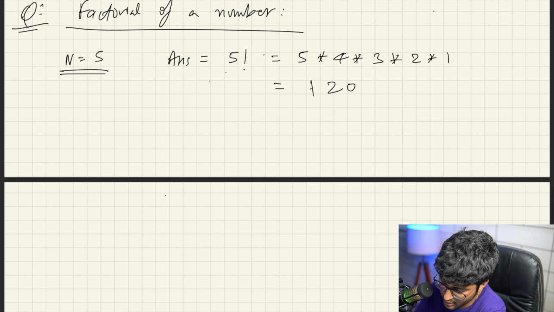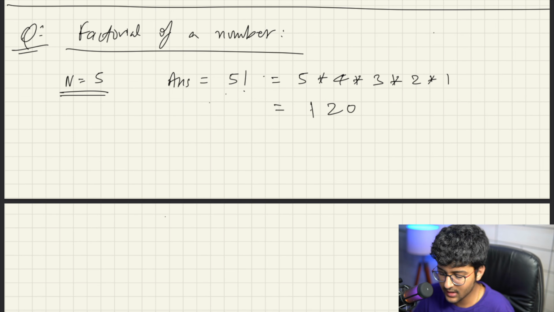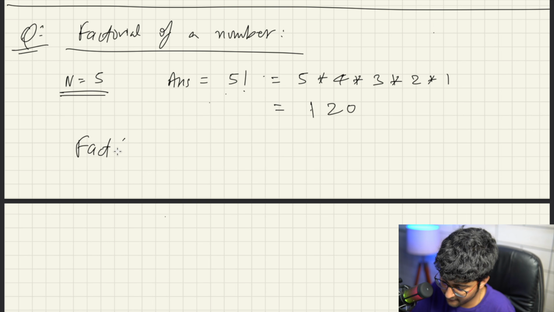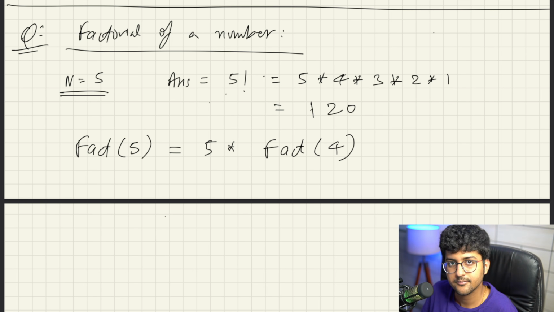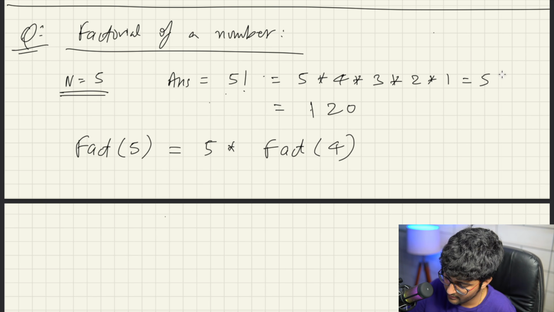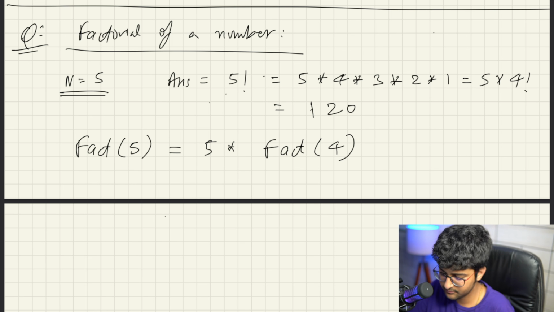So basically here what you want to do is, first we see what are the function calls being repeated. Can you see that if I'm saying factorial of 5, can I not write this as 5 into factorial of 4? Because this is equal to 5 into 4 factorial.